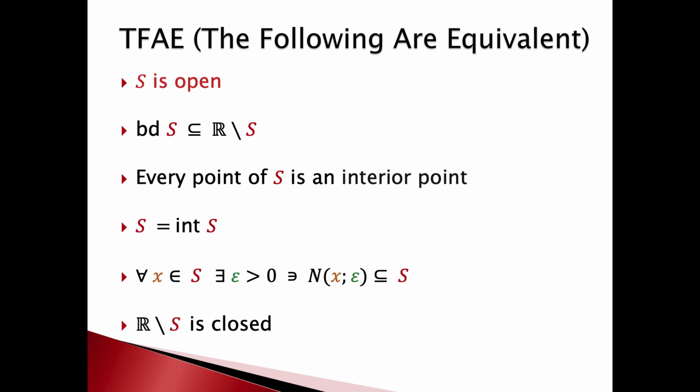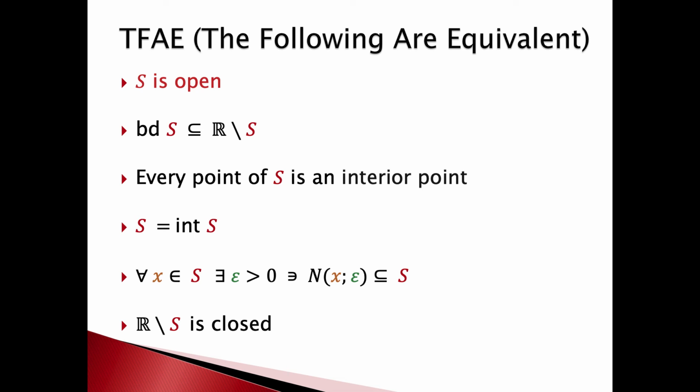Now, this is really, really useful and really important because if you don't have this already memorized, and you probably don't on seeing this video for the first time, write this down, because this is important enough that we're going to need this a lot. If you're trying to write a proof about S being an open set, or maybe S not being open, either one, all of these things are equivalent to being open.